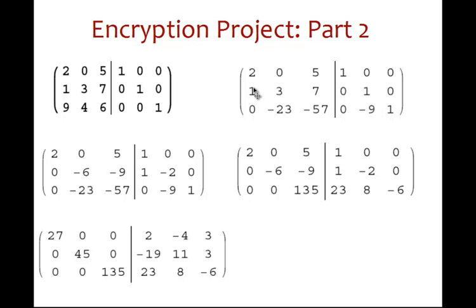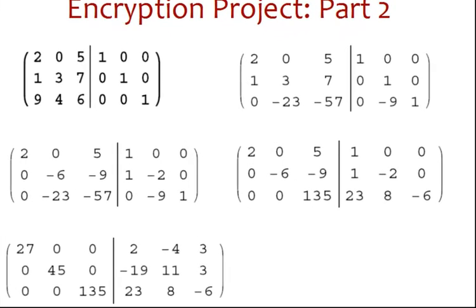My next step is I want to get a 0 where this 1 is. How am I going to do that? I decided I'm going to take 1 of my first row and add it to -2 of my second row. Maybe I should write that down. This was row 3 gets -9 row 2 plus 1 row 3.